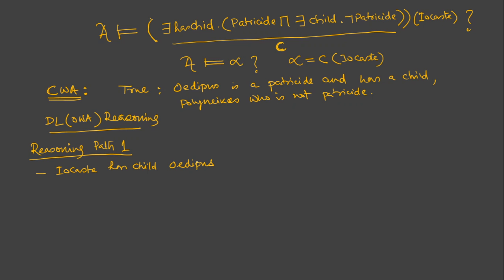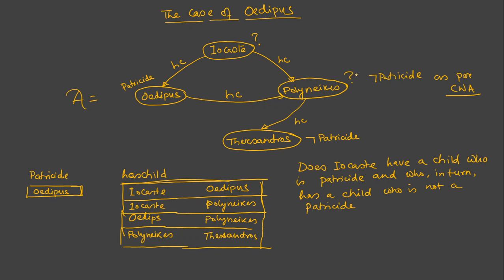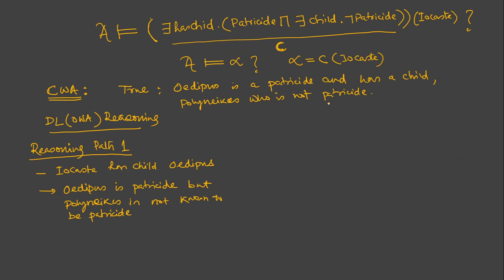This is of course true, right? Now, Oedipus is patricide, right? But Polynicus is not known to be patricide. So you have a question mark. If you go back, we have a question mark here. So we do not know for sure whether Polynicus is a patricide or not a patricide, right?